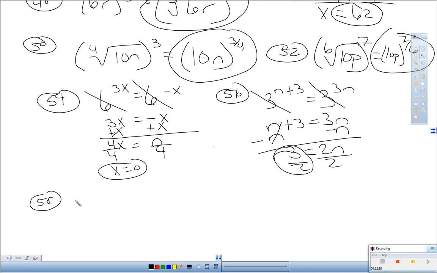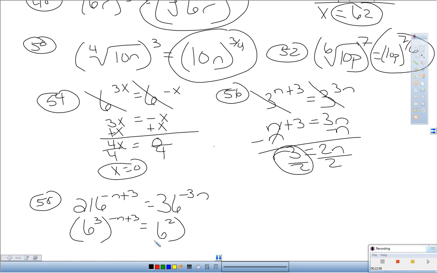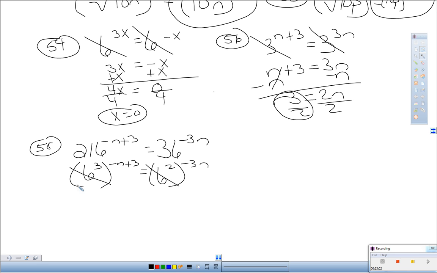All right, for 58, you've got 216 to the negative n plus 3 equals 36 to the negative 3n. They don't have the same base, so we can't cross them out. But I do know that 216 is 6 cubed, and I also know that 36 is 6 squared. And so now the 6's are crossed out. And so if I distribute, I'm going to get negative 3n plus 9 equals negative 3n.